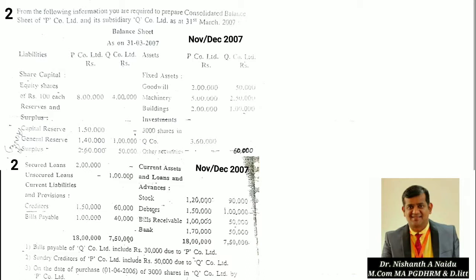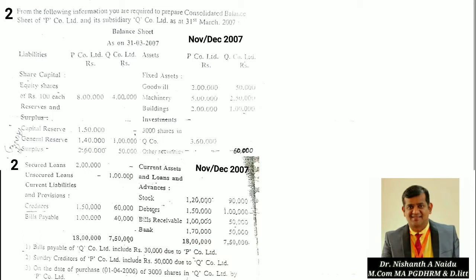Next we have secured loans: P Company Limited 2 lakh rupees, Q Company Limited nil. Unsecured loans: P Company Limited nil, Q Company Limited 1 lakh. Then we have provisions.